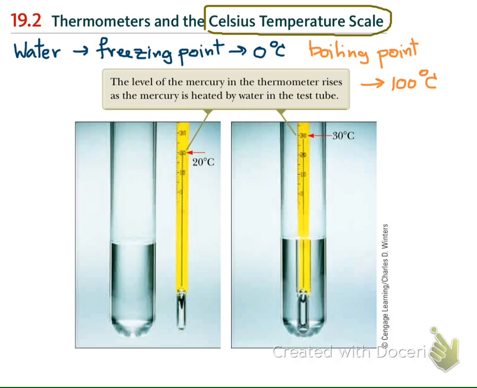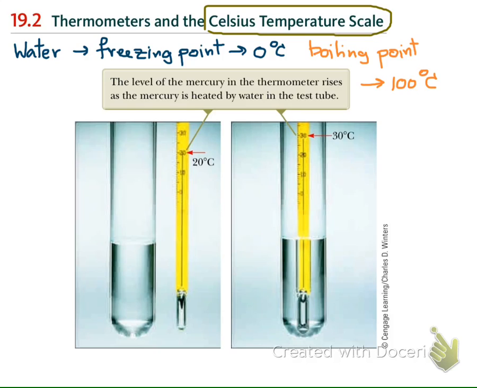Obviously, we cannot use the expansion of the mercury to measure the temperature beyond the boiling point of the mercury, because the mercury will change phase to gas, and after that we cannot use the expansion of the liquid mercury as our thermometer anymore.